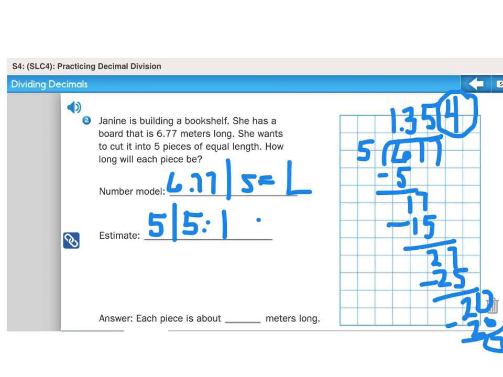So our answer is going to be that each piece is about 1.35 meters long. If we had done it with partial quotients, we would have ended up with a remainder. And so we would have done the same thing like we did on the last problem throughout the lesson, where we just took that remainder and rounded up or down and made it about, so our answer is about 1.35.